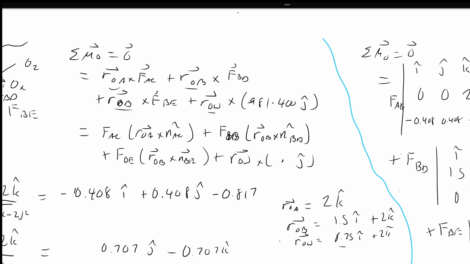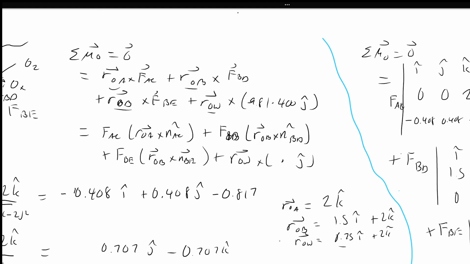All right, and finally, this one doesn't have a thing on the outside. It is ROW, so 0.75, 0, 2, and then the force is all in the negative j direction, and it's minus 9.81 times 400.